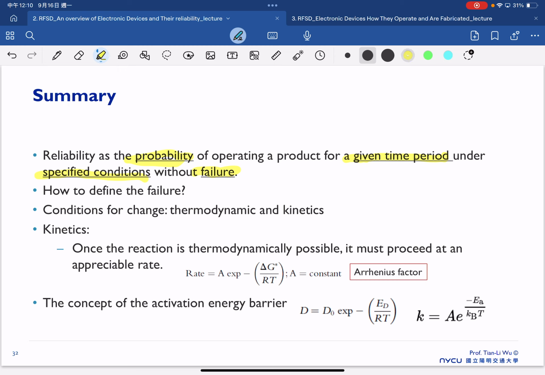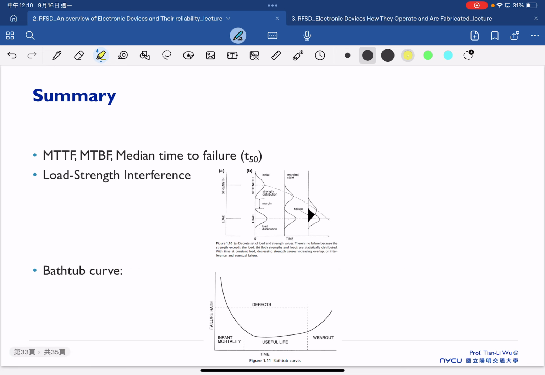The most important is the Arrhenius equation, which gives us a way to calculate the activation energy. And the Arrhenius equation and activation energy give us a way to estimate the thermally induced reliability values. Of course, we already discussed MTTF, MTBF, mean time to failure, low strength, and the bathtub curve.